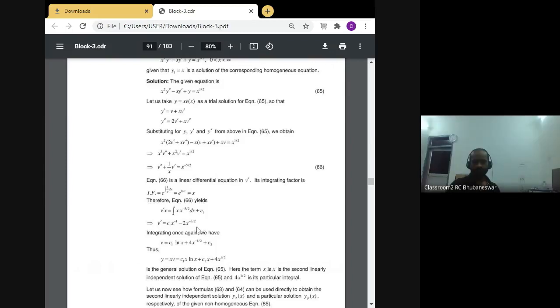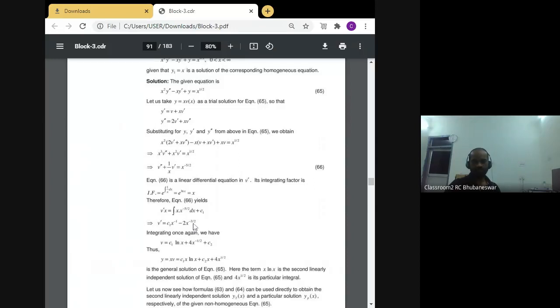So again, after getting the solution in the form of v dash, this is the differential equation of first order. So now it can be solved by using direct integration, because in the right hand side there is only the variable x.